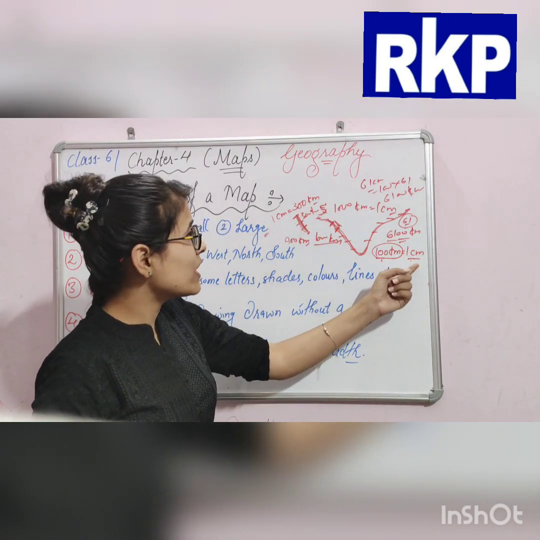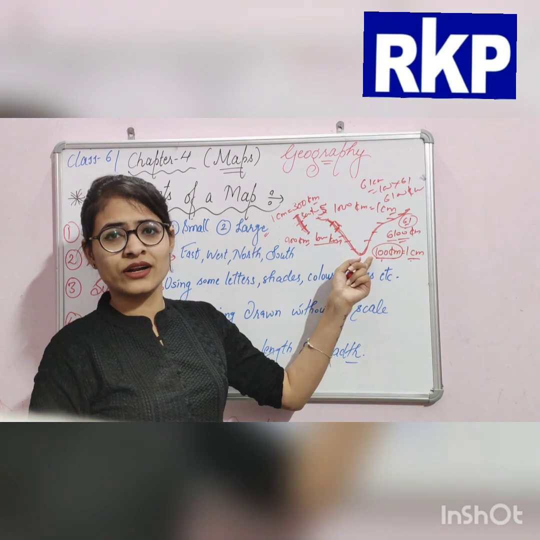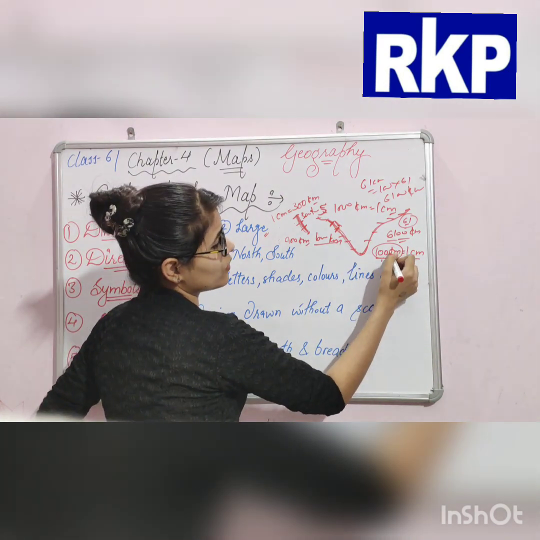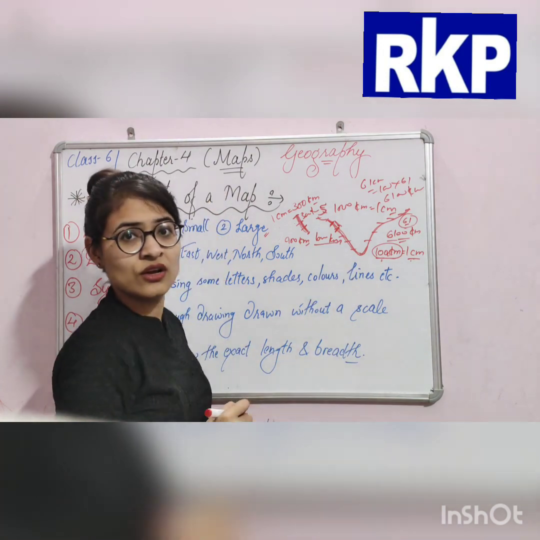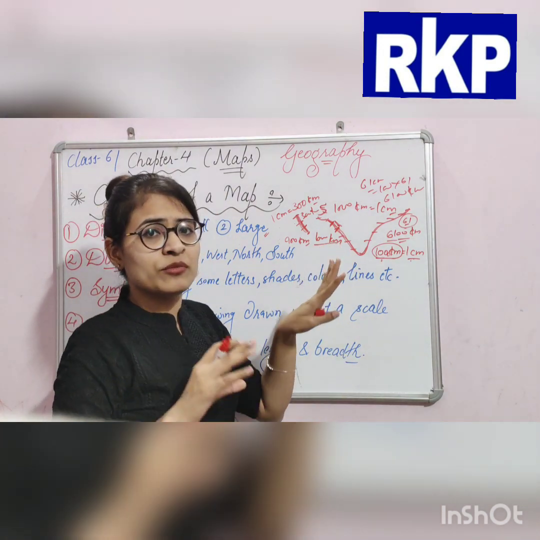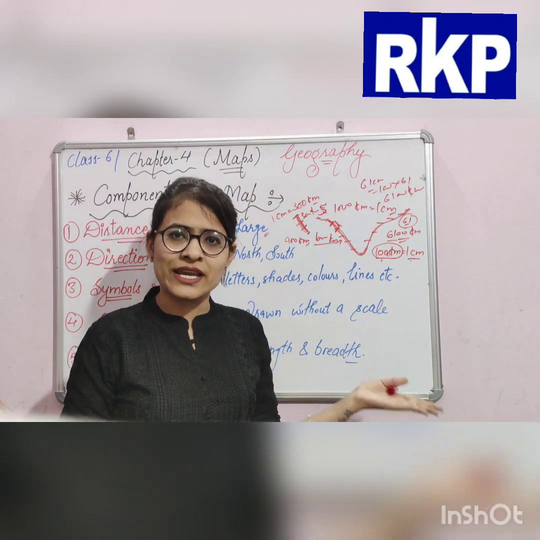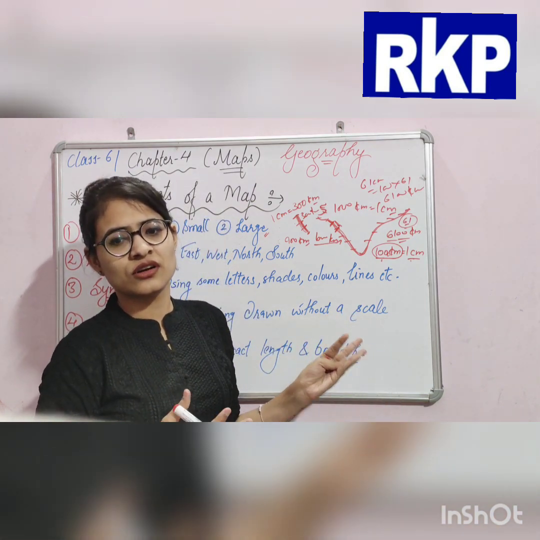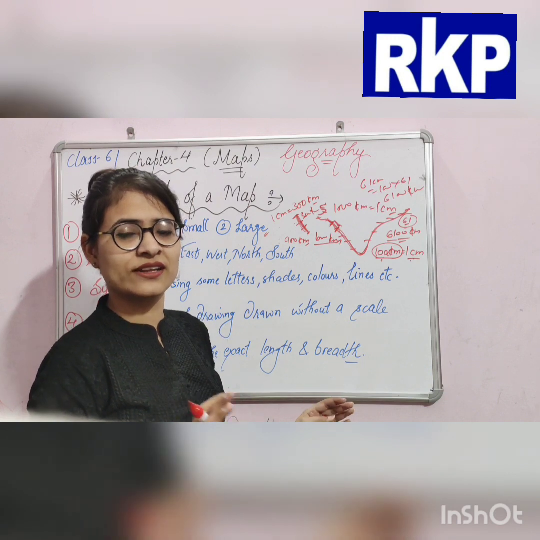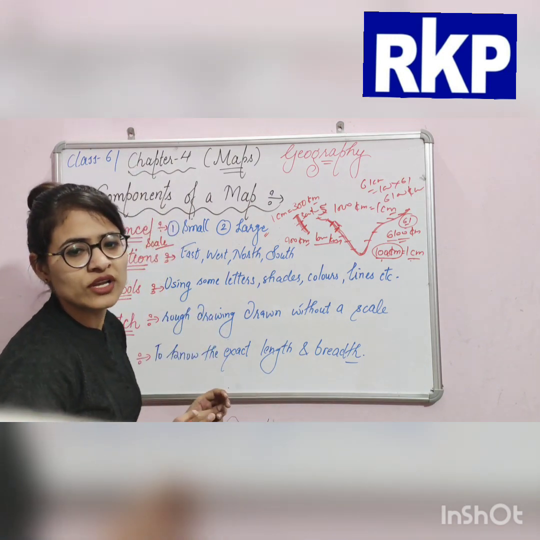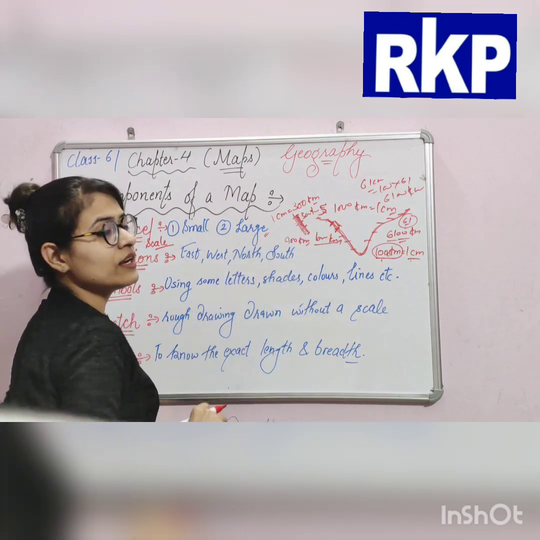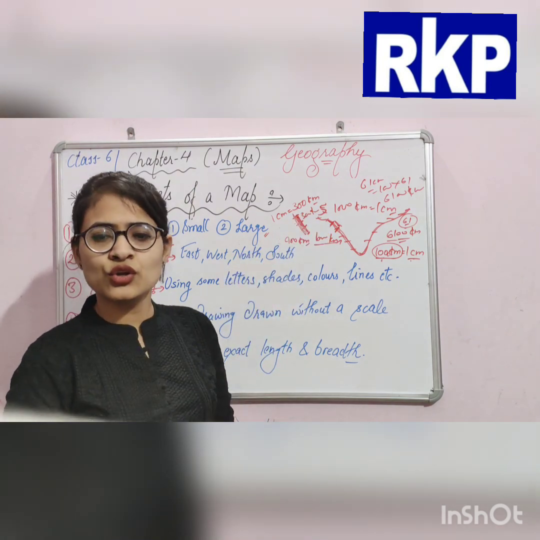Or here 1 centimeter was 100 kilometers, or we can take 1000 kilometers as well. The smaller the area, the larger the scale will be. If we are taking any small area, then a large scale will be used.